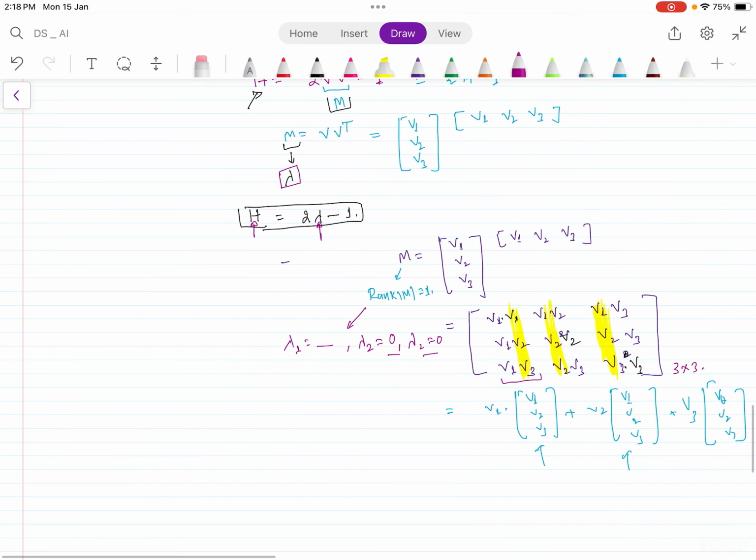So we know the trace of the matrix, which is nothing but the sum of the diagonal elements. That is lambda 1 plus lambda 2 plus lambda 3, and if you find the trace of this, that is going to be v1 square plus v2 square plus v3 square.